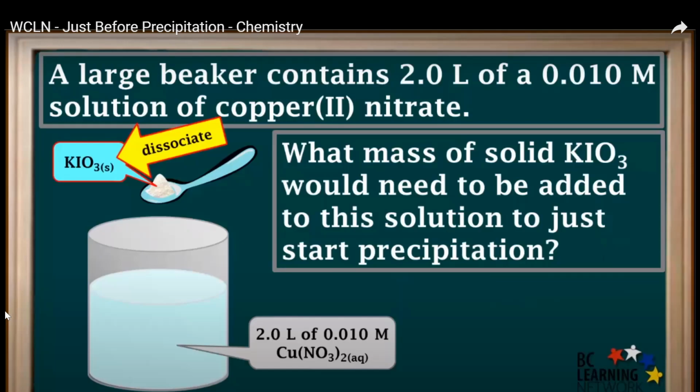You have a beaker containing copper nitrate. So copper. And then the iodate is just going to dump in as a salt. We're not done, right?